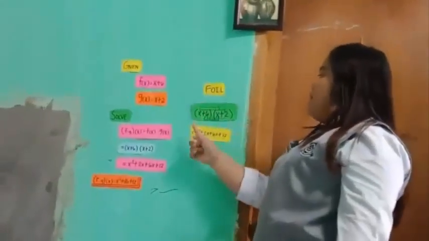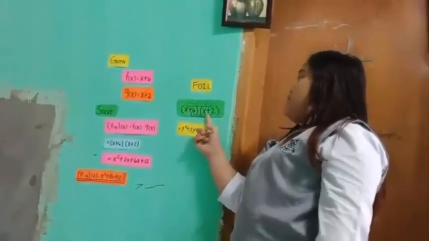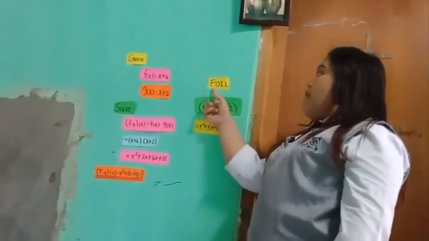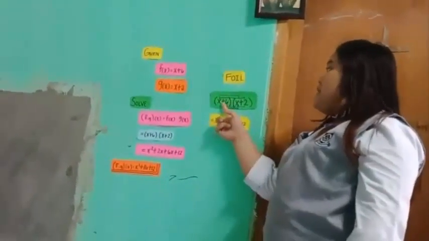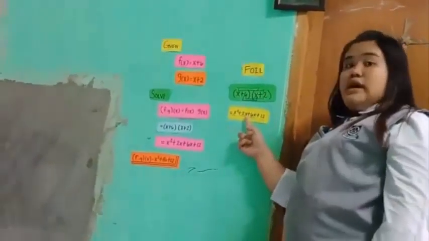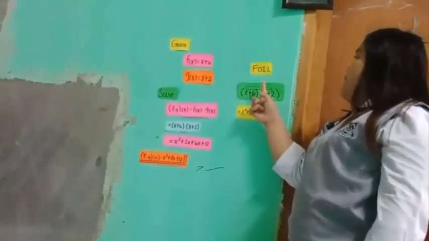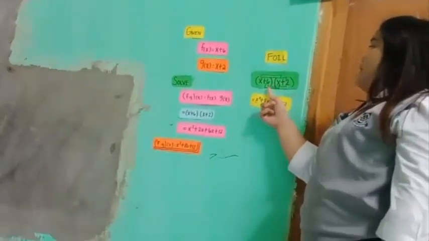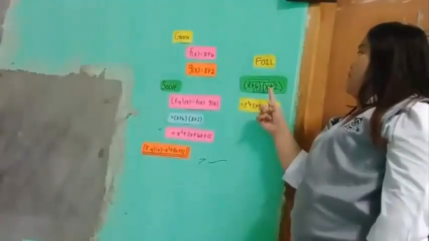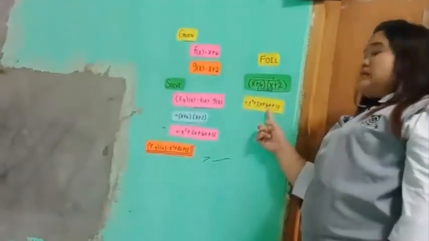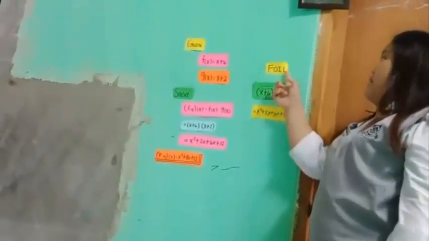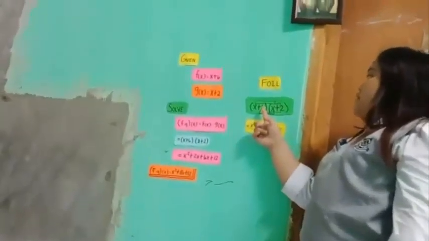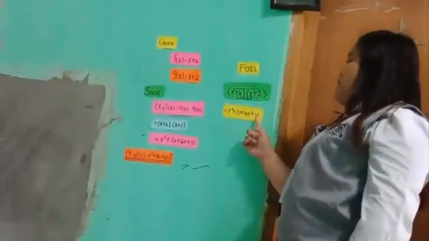The first is x times x equals x squared. The outer is x times 2 equals 2x. The inner is 6 times x equals 6x, and the last is 6 times 2 equals 12.